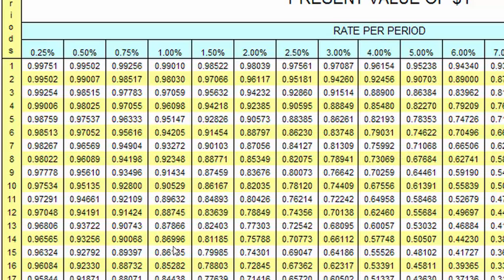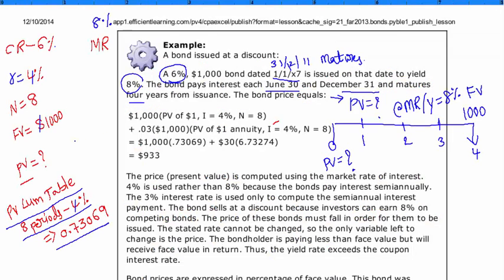So you have to multiply this table value 0.73069 with 1000. So that is 730.69, the present value of 1000. And one more thing, you are getting interest every 6 months. Okay, so you are getting interest here.